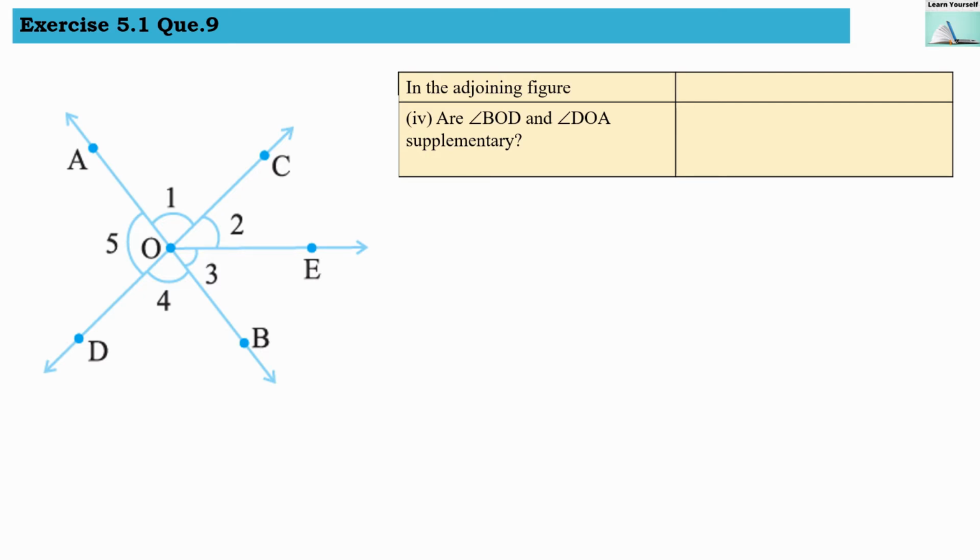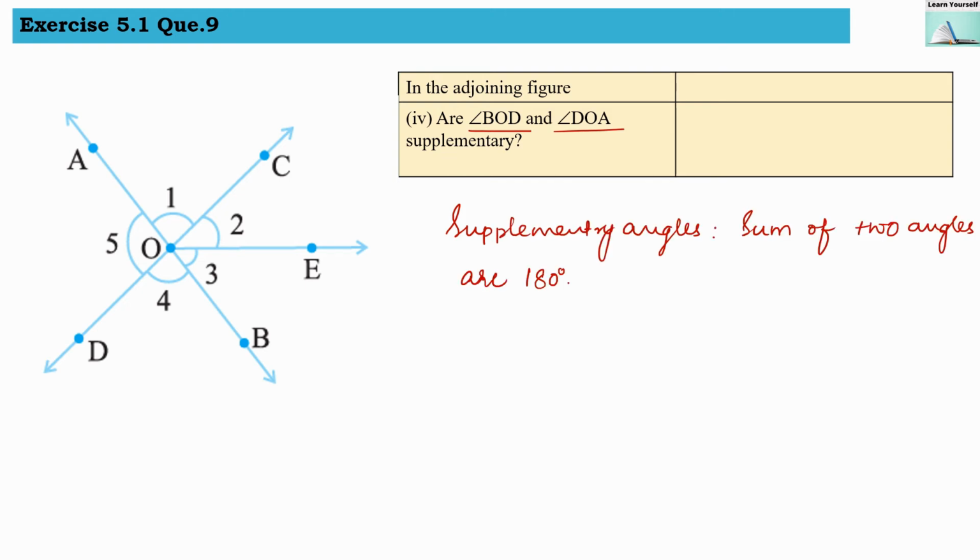Next question, are angle BOD and DOA supplementary or not? So we have to check that. First of all, what are supplementary angles? If angles are supplementary, then the sum of the two angles should be 180 degree. Then only they are said to be supplementary. Now let us locate these two angles. So we are taking here angle 4, then DOA, and angle 5.